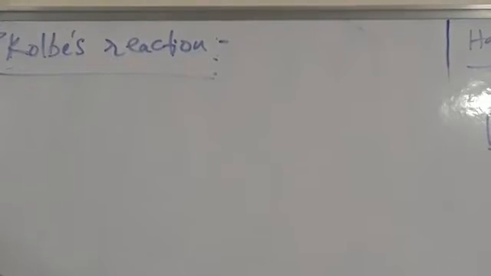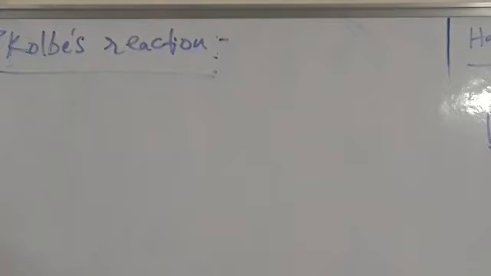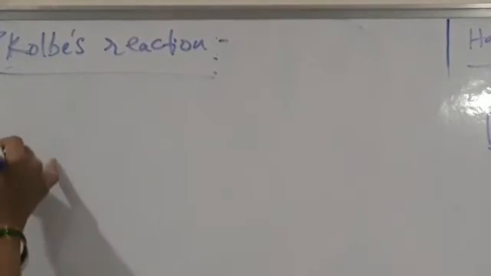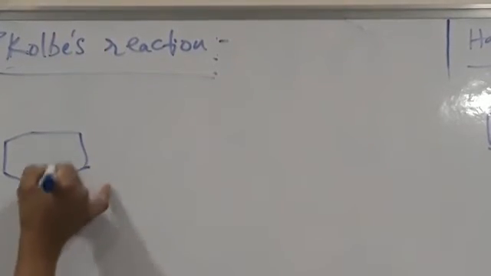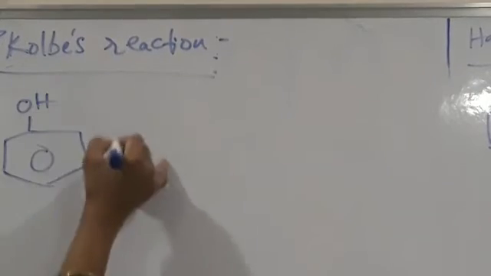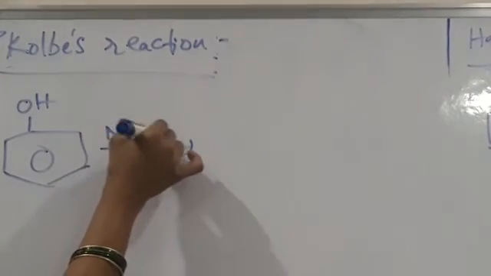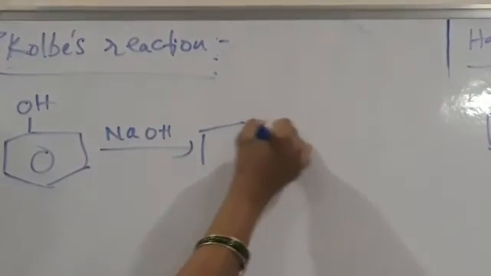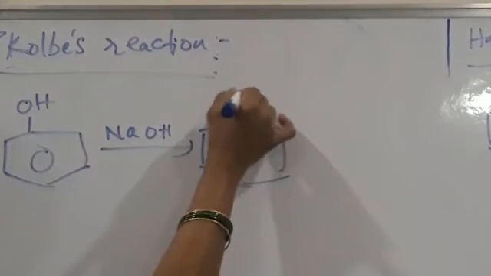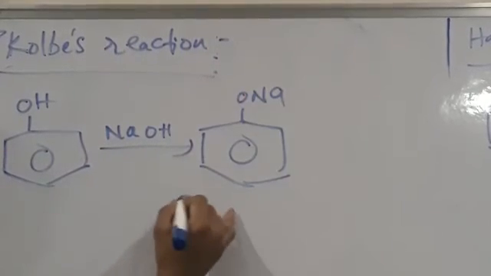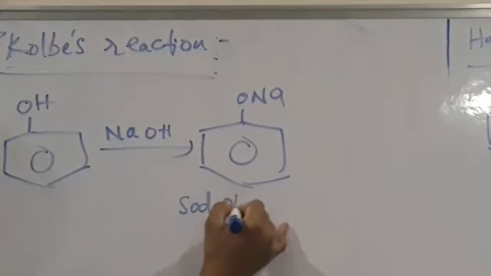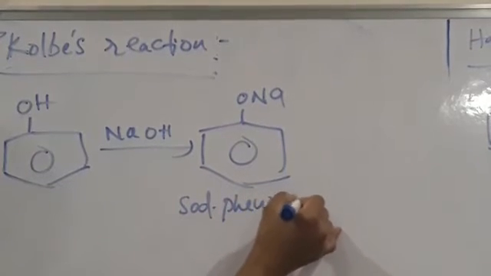So what is salicylic acid? Orthohydroxybenzoic acid. First, phenol undergoes reaction with sodium hydroxide, and we get sodium phenoxide.